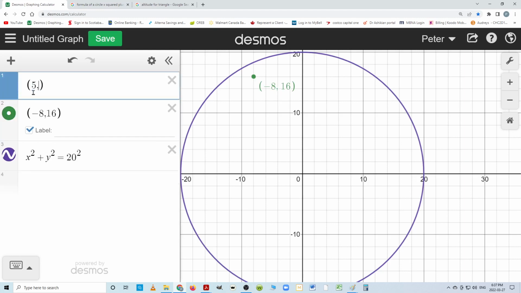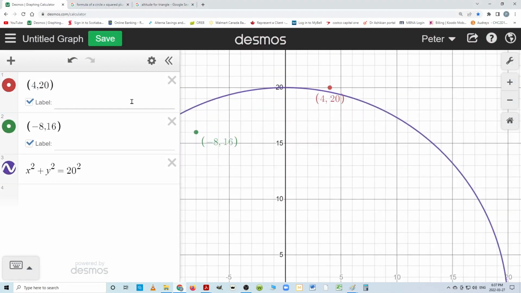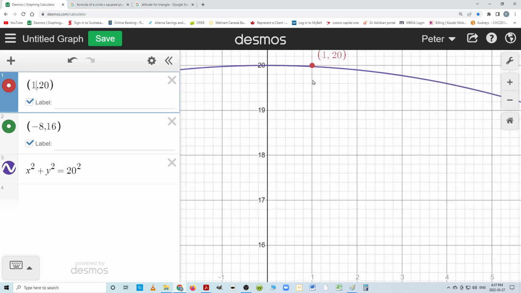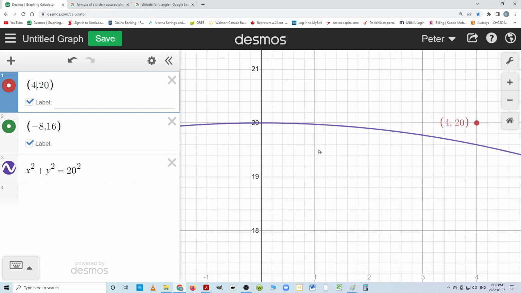Now the other person was at 4, 20. Anything with 20. If he was at 0, 20, he'd be right on the circle. But anything that's above that, even by 1, he's outside the circle. There's no way I could square and add up these numbers to equal 20 squared. So seeing as he's here, it's quite obvious he's outside the circle.